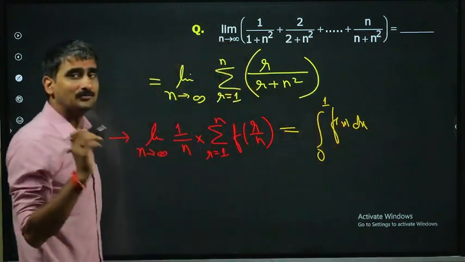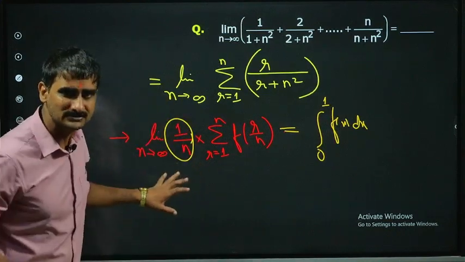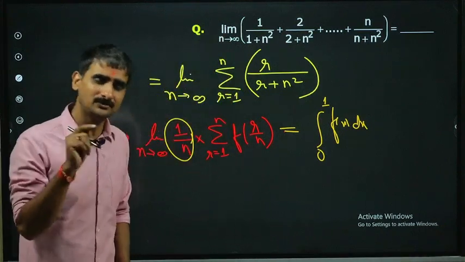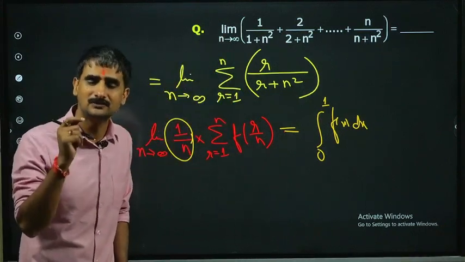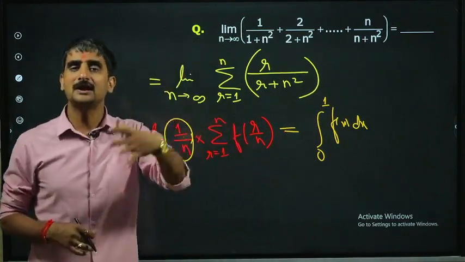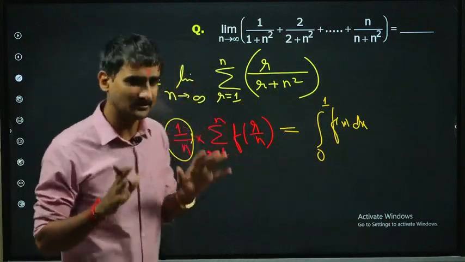Isn't that the point here? We need 1 by n outside the summation sign, and within the function, wherever you have r, it should be only a function of r by n, and there shouldn't be any extra r or extra n left anywhere within the summation or within the function, okay.